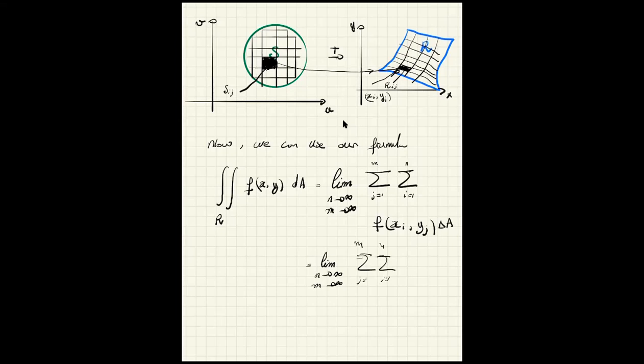What is y_j? It is the image of the point (u_i, v_j). This is this image here. It's x_i = f of g(u_i, v_j), and y_j is h(u_i, v_j).